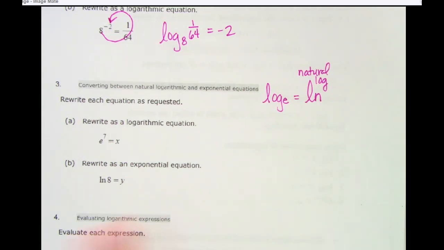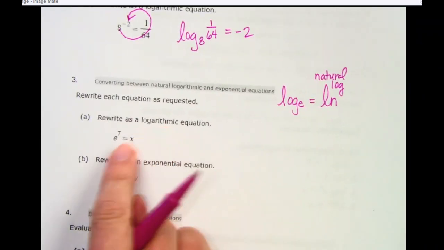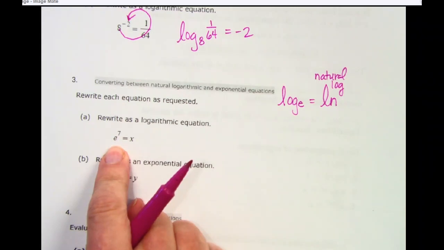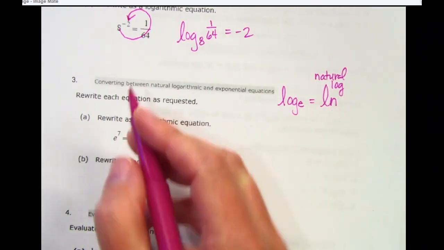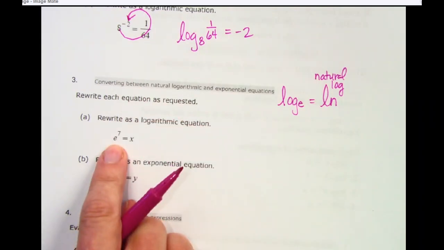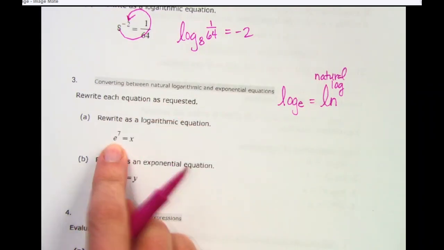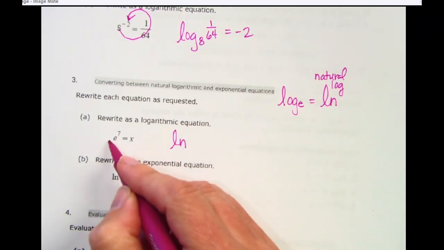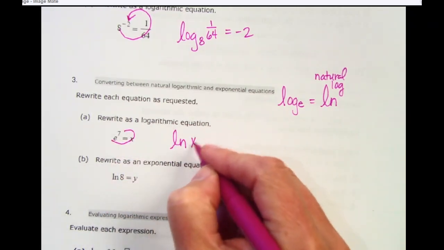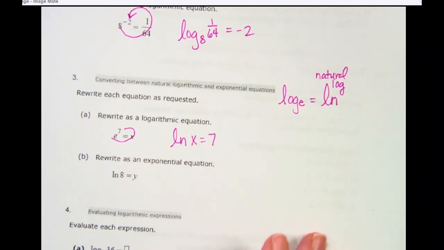So if it says to write it as a logarithm and I see e, I should know right away that we're going to use ln. So what's our base? E. So log base e is ln of what? Yep, equals 7. Perfect.